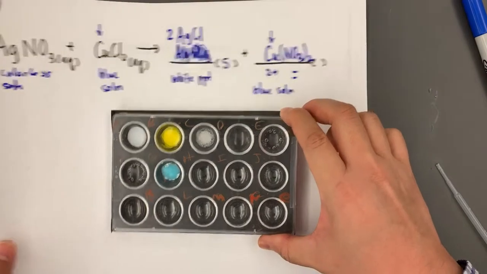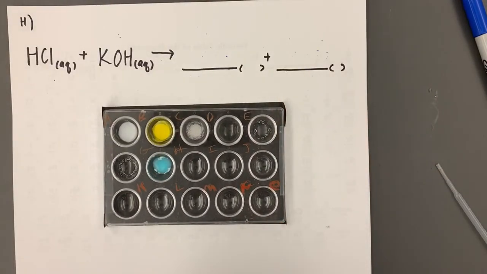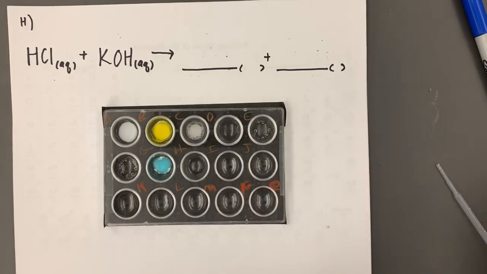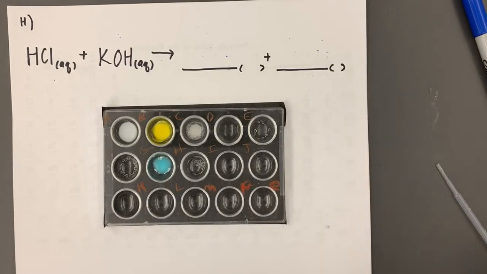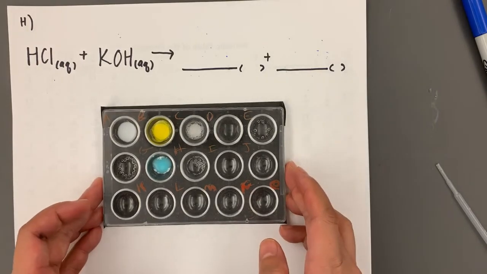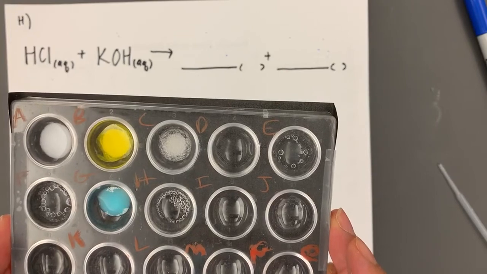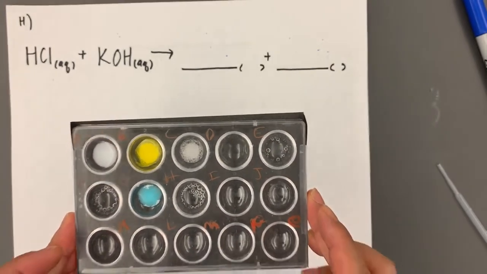That's G. H is HCl, and it is reacting with KOH. Again, I'm going to bring the camera close to you. There are little bubbles that are forming. The little bubbles that are forming are the water, which is a gas. That is the product here.